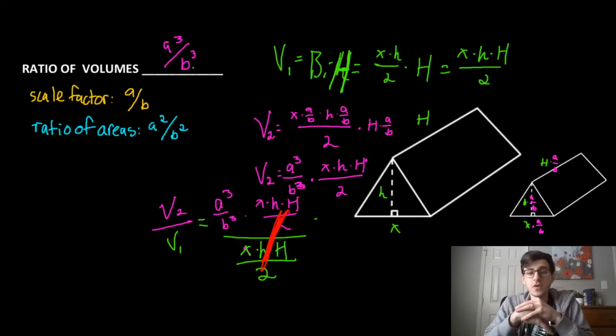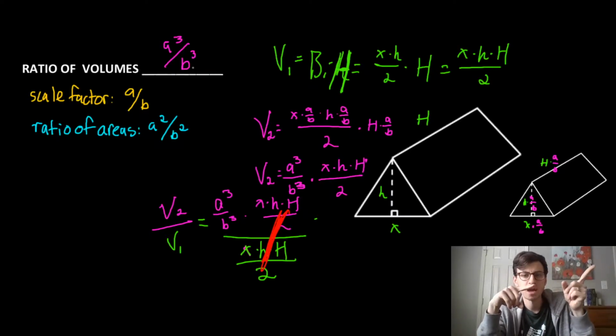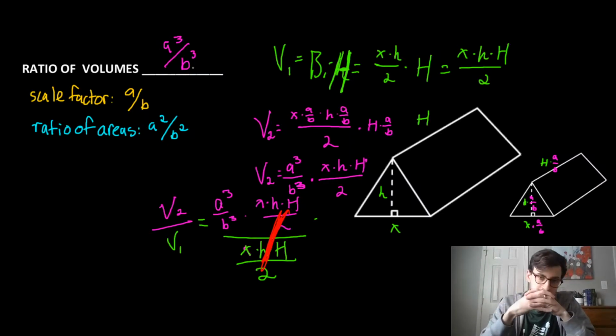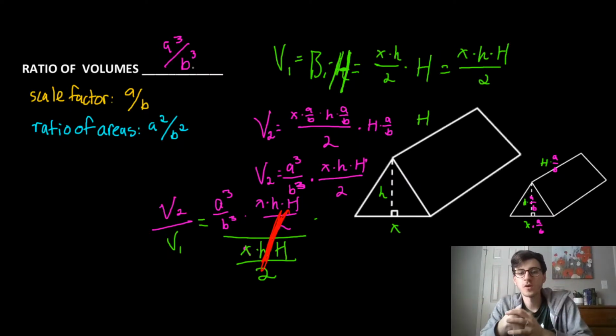If you were really feeling smart, you could have said, I know that the ratio of areas is a squared to b squared. So base 1 to base 2 has a ratio of a squared to b squared. And then you could use that to go forward and take one step out.